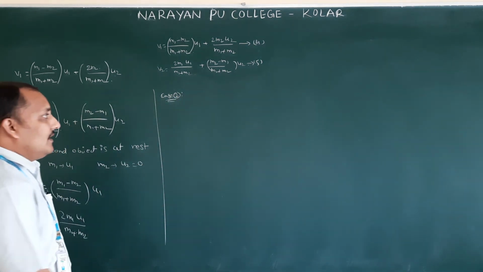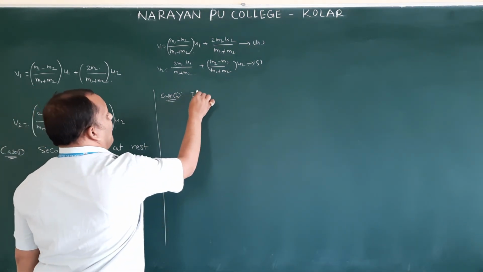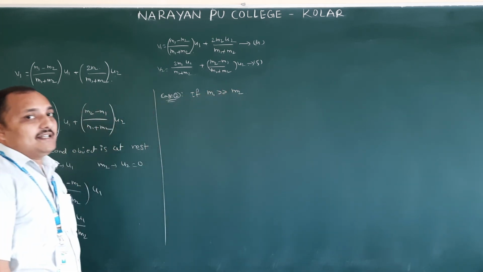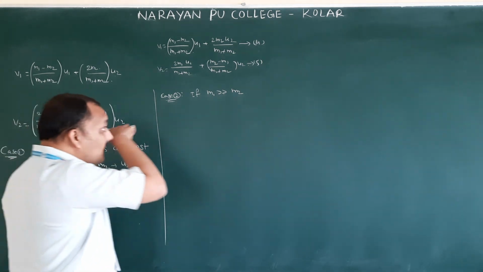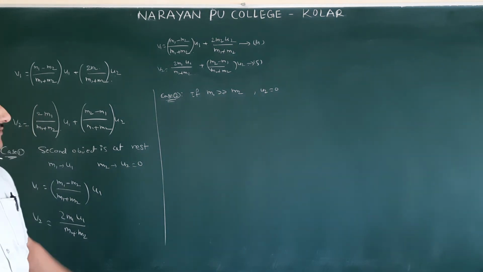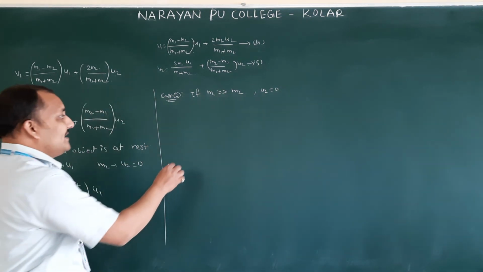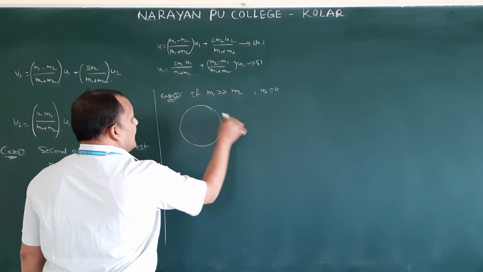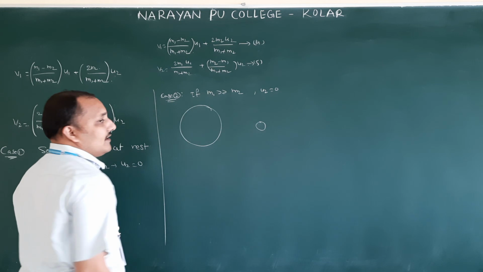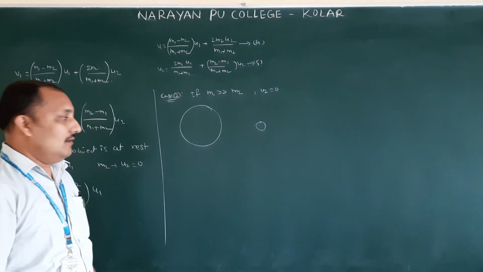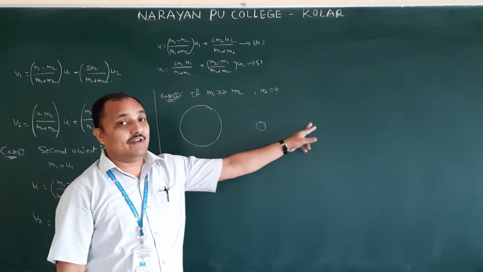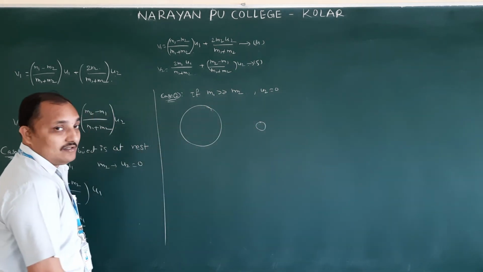Next, Case 2. If M1 mass is greater than M2, and the second object is at rest. The first object mass is very big, the second object mass is less. Then what will happen? If this is going to hit this one, this is going to move with double the velocity, isn't it?